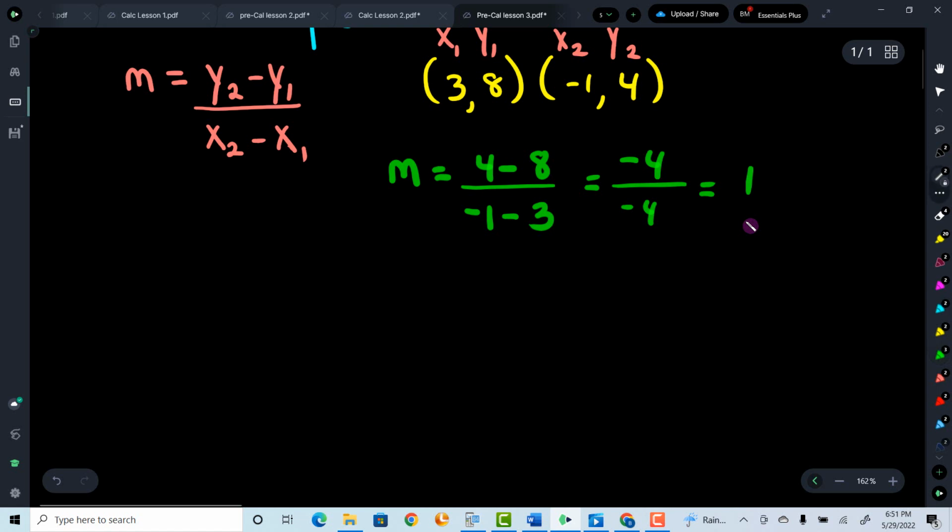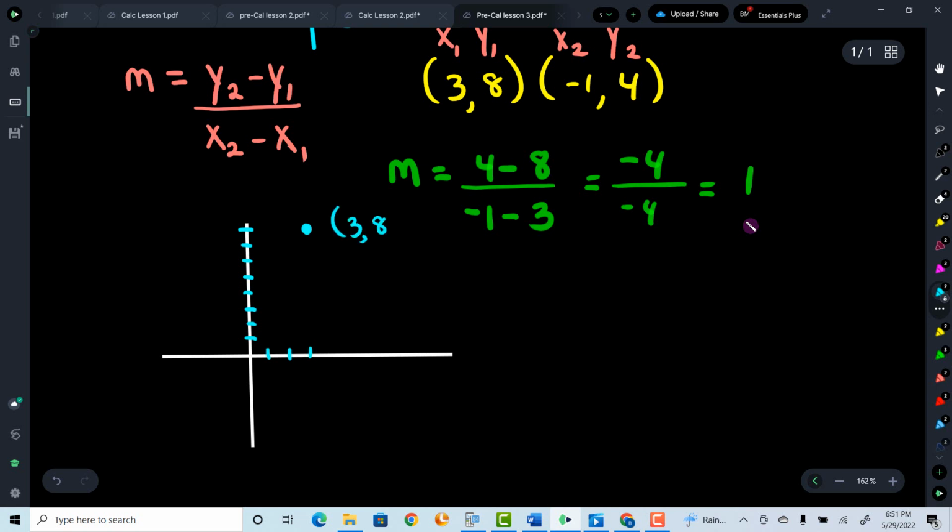Now, if I saw those 2 points on a graph, let's go ahead and plot those on the graph and take a look at that. Here's the first point, this is (3, 8).